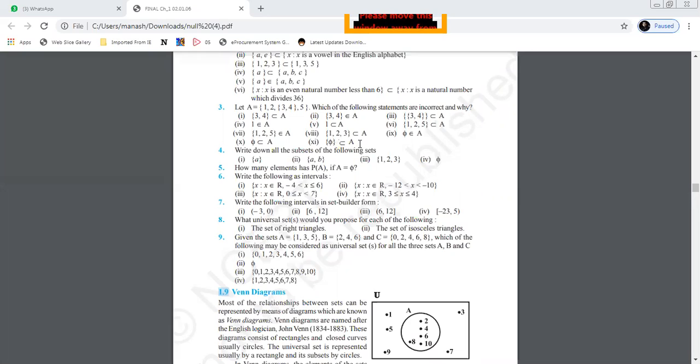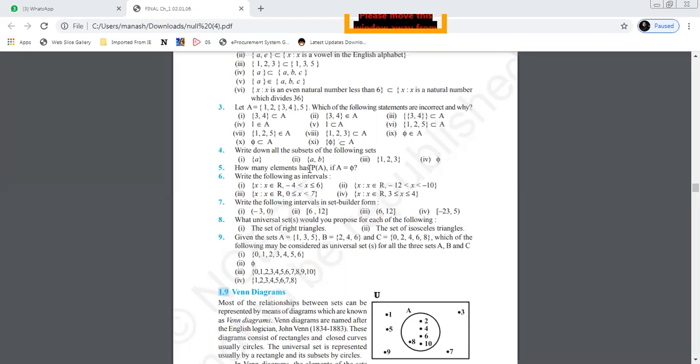Wrong, sir, it is wrong. Whenever we give 5 in between two curly brackets, then that means what? It is a set containing the element 5, it does not represent the empty set.